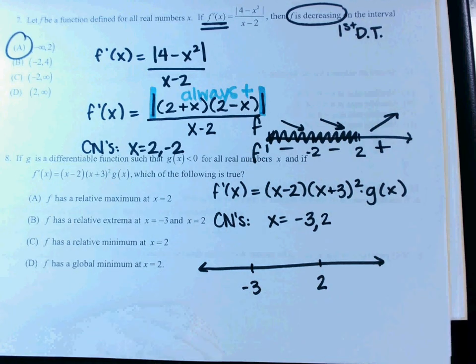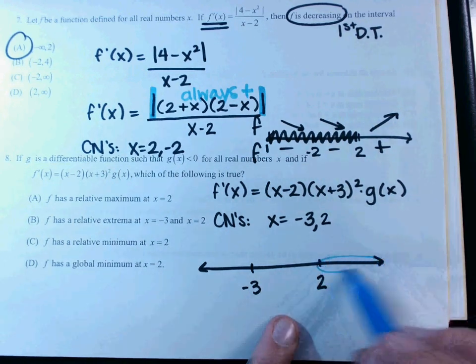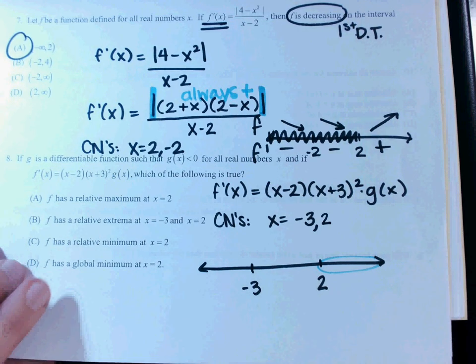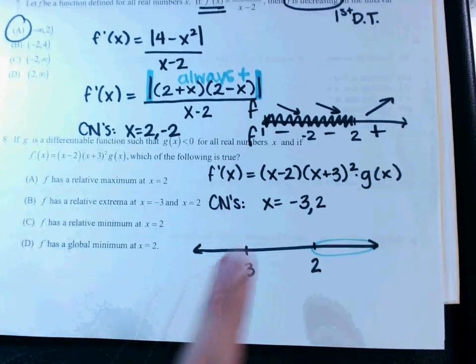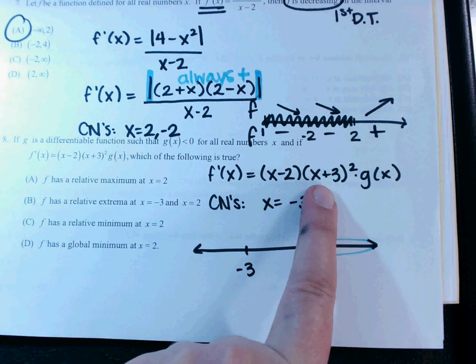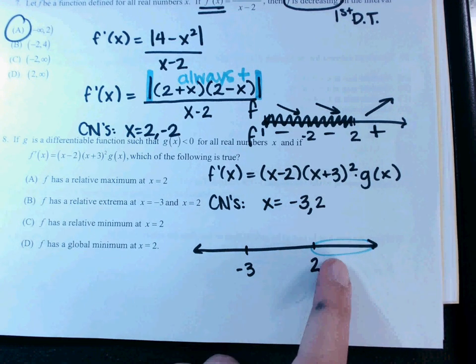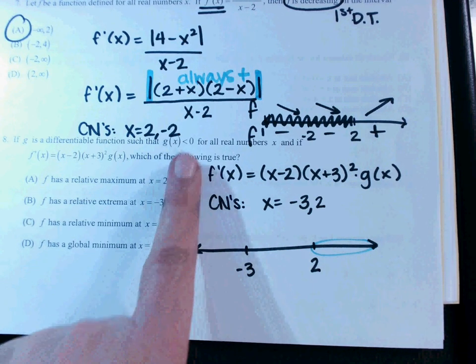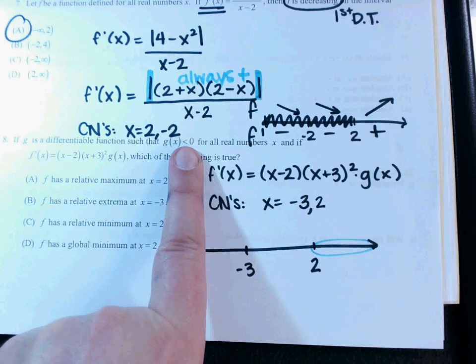Okay, I want you to check the sign of this interval first. So the far right. What are you plugging in? Okay, 3 sounds good. What's 3 minus 2? Positive. What's anything squared? So is it positive? What's g of x? Less than 0 means it's negative.